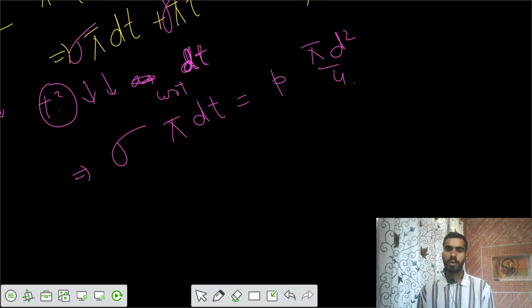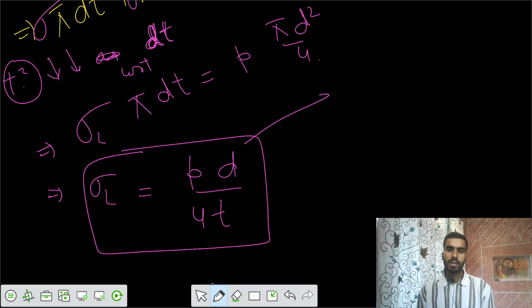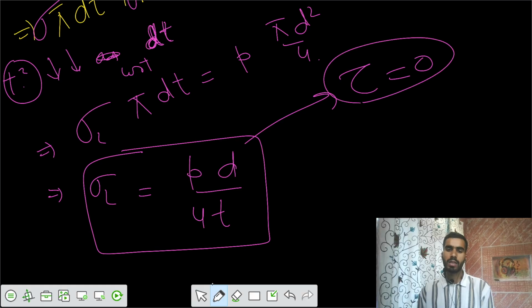So we can write the final equation that sigma long equals PD by 4t. And in this case also no tau is acting, so this is also a principal stress.